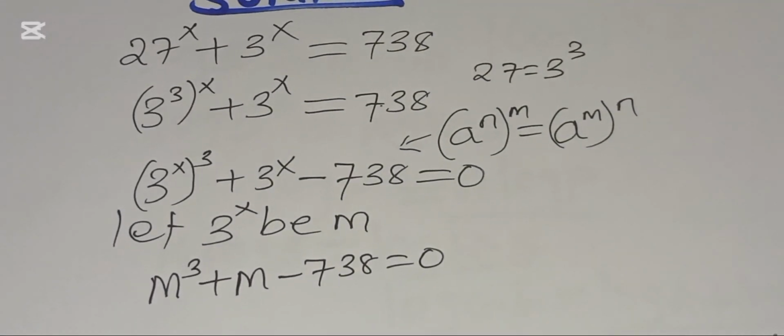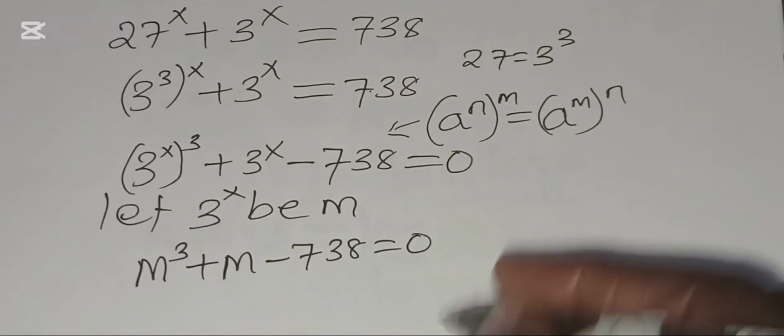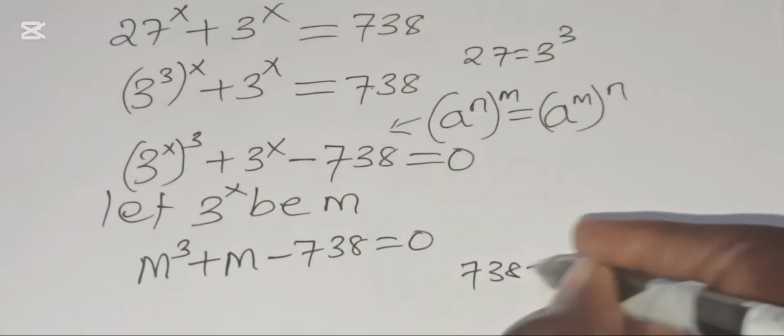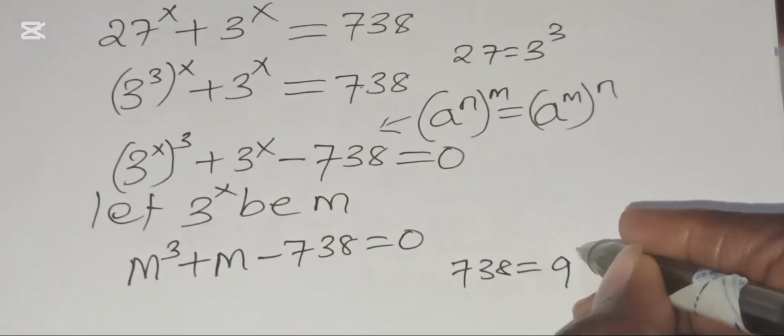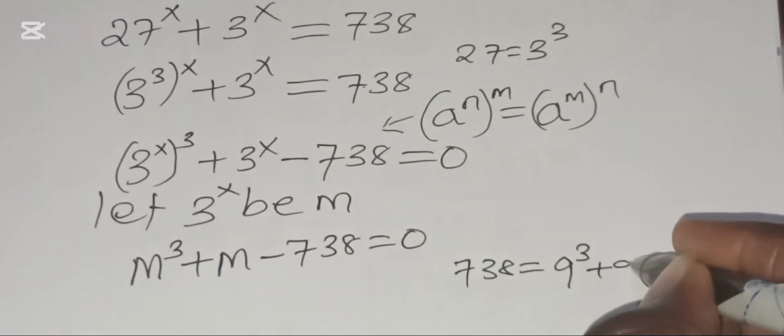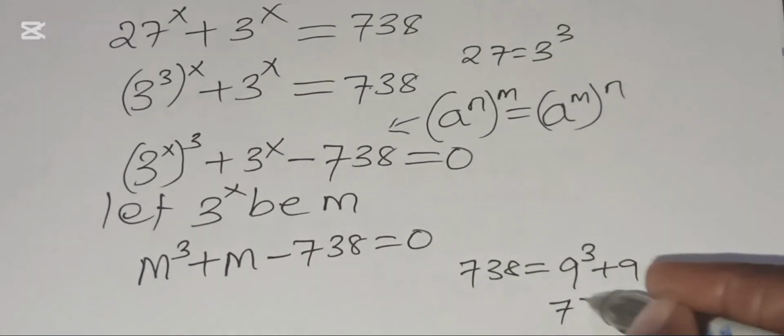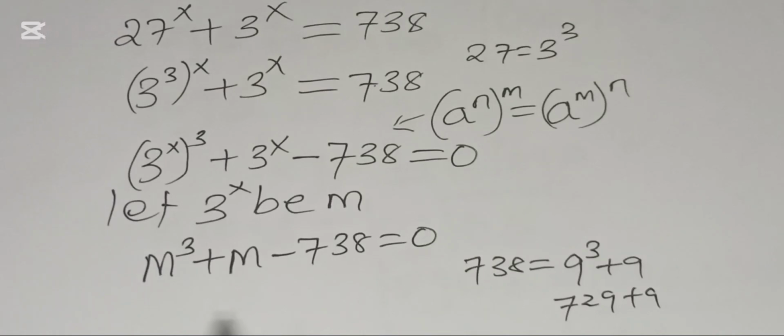Now from here we can express 7.8 as 9 cubed plus 9. 9 cubed is 729, plus 9. So let's substitute here.